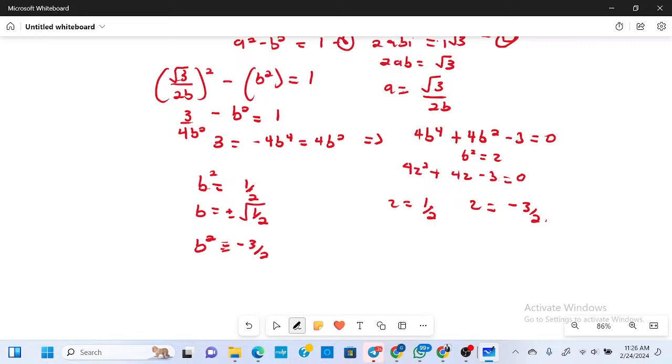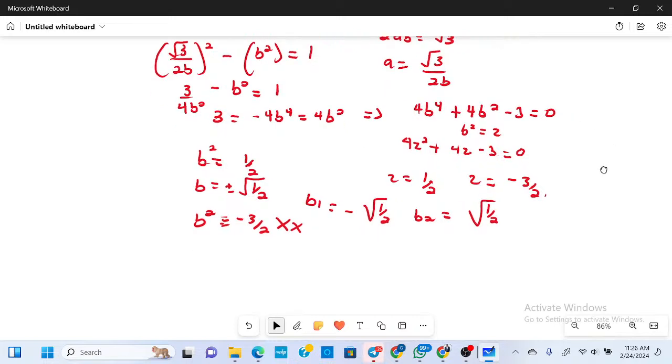And as I explained earlier, whenever you are using the normal quadratic method to solve complex numbers, when you get this, you shouldn't solve because it doesn't exist. You can't have any number squared to be a negative number, right? So you just discard this. So b1 is equal to negative of this value, negative 1 on root 2. Then b2 is equal to the positive version, which is 1 over root 2.